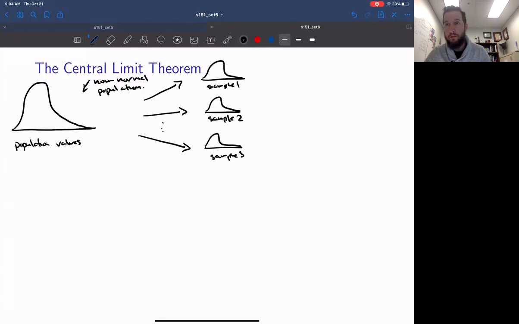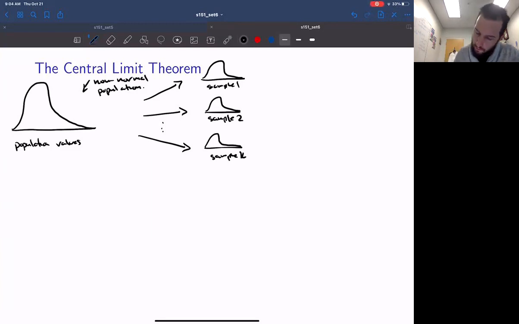So we started from a non-normal population and we started sampling. Now you can see that the samples are going to have the same distribution as the population.